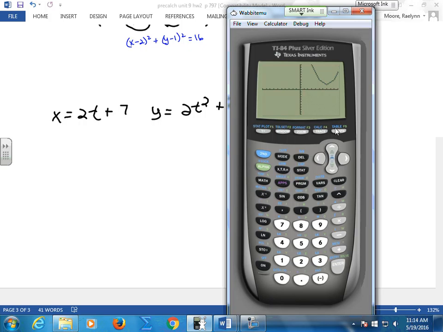Okay, so I see some kind of parabola out there. It's kind of shaky looking. What should I change? T-step, because this is what makes it smoother or not smoother. So maybe it needs to be a little bit slower. Maybe I'll go to 0.5 and see if that helps. T-step is one of those kind of unpredictables. Oh, it's a little bit rounder, right?